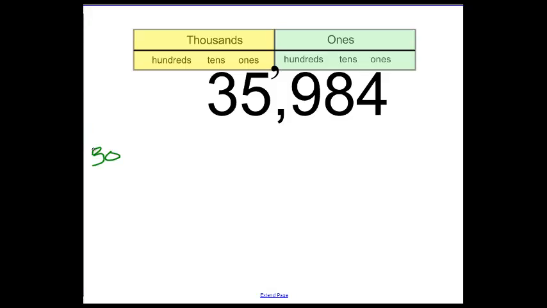It would be 30,000 plus a 5 in the 1,000s place, so plus 5,000, plus 9 in the hundreds, which is 900, plus 8 tens is 80, plus 4. There it is, expanded form, and this is standard form.